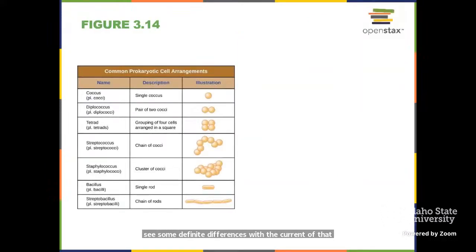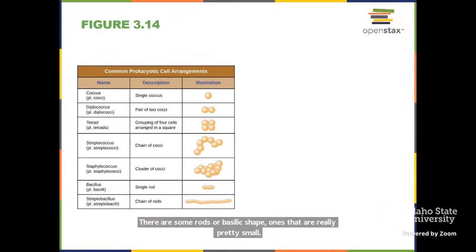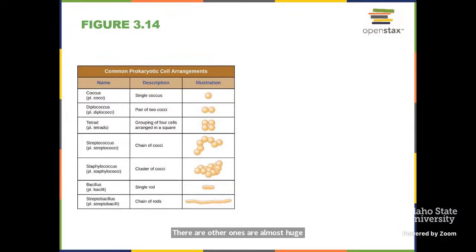So looking at the organisms under a microscope, we can see the sizes and the shapes like we just saw. We can see their sizes are all relatively about the same, all right? There are some rods or bacillus-shaped ones that are really pretty small. There are other ones that are almost huge compared to them, all right?